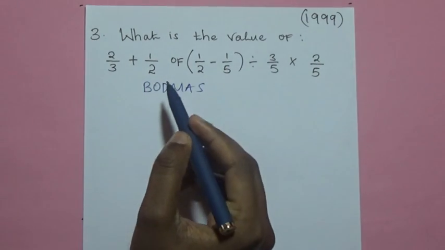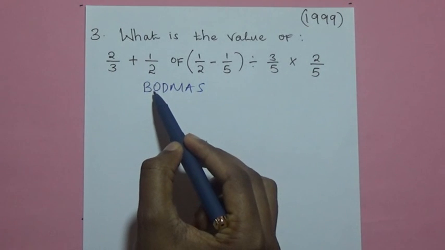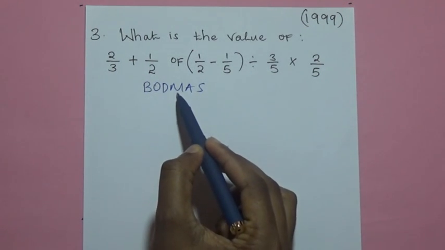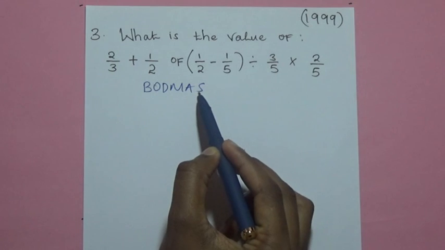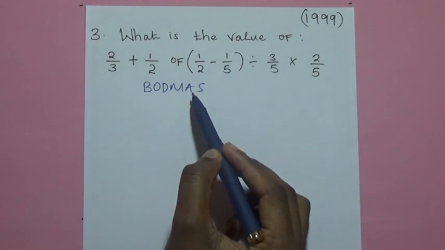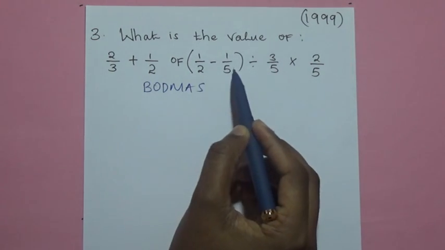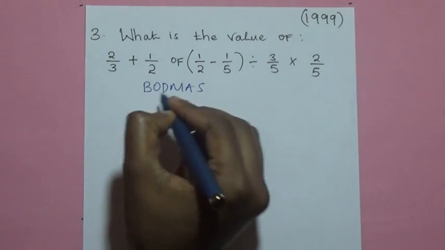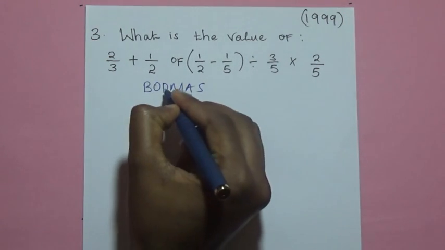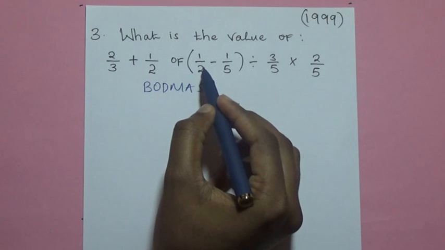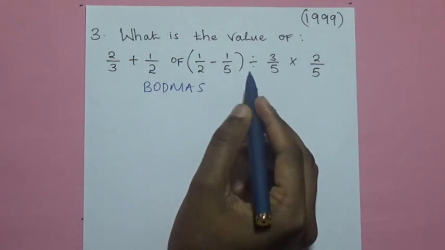And we say that BODMAS means brackets, of, division, multiplication, addition, and subtraction. Now, in our question, we can see that we have brackets. So, we are going to solve first of all what is inside the brackets.